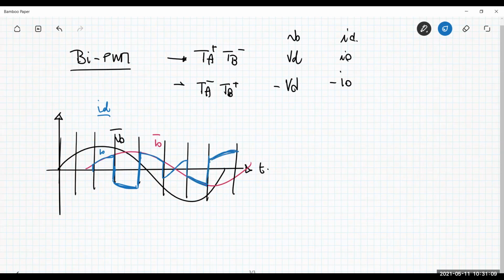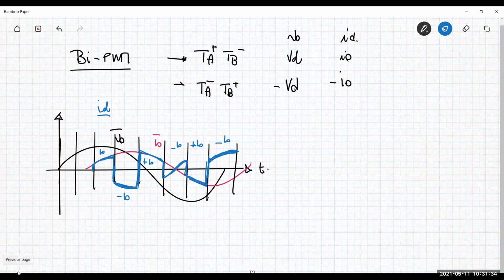So it is positive I naught, plus I naught, negative I naught, etc. You are alternating these two different states. And this is what you can see on the input side. Okay, basically this is what you can see.